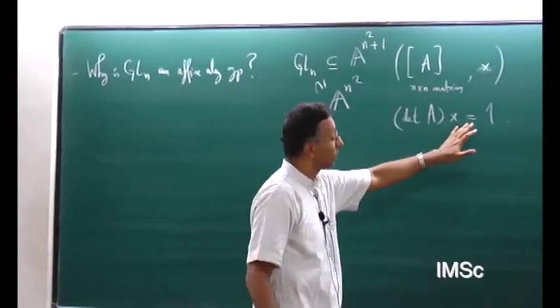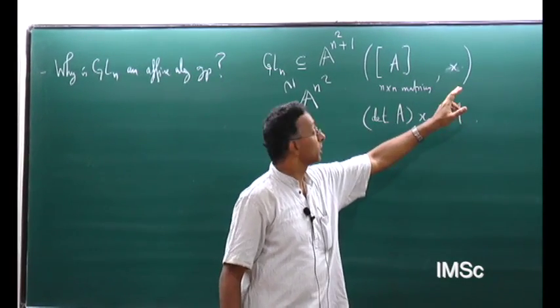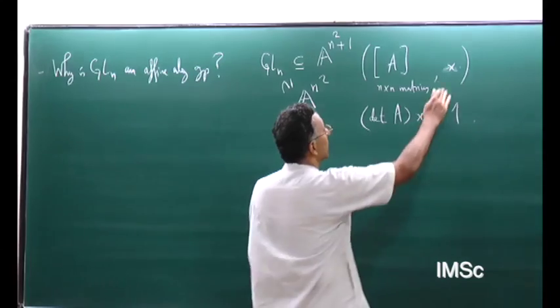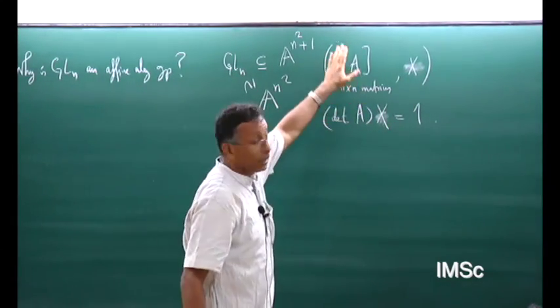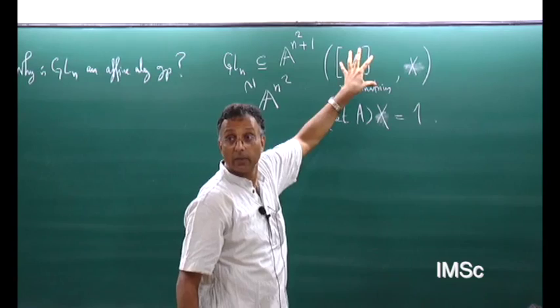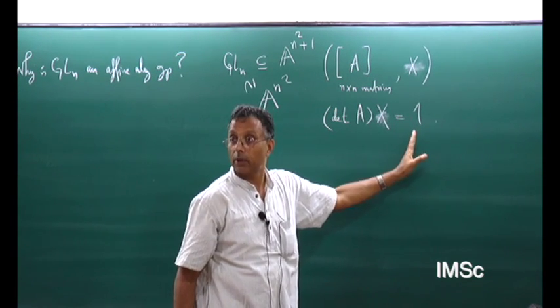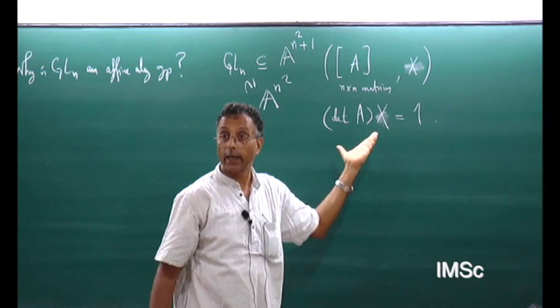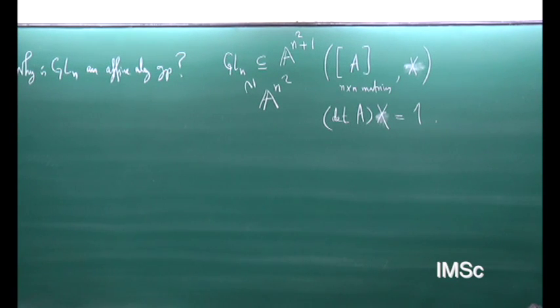This is a polynomial equation in these n square plus 1 variables. X is a variable, so maybe I'll write a capital X. This is a matrix of variables, so this is an equation in n square plus 1 variables, and of course then the locus of solutions is obviously an algebraic variety by definition.